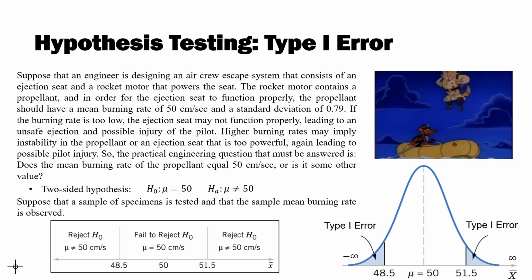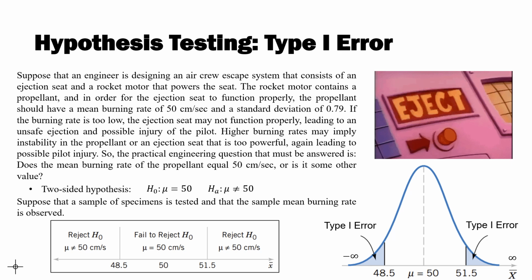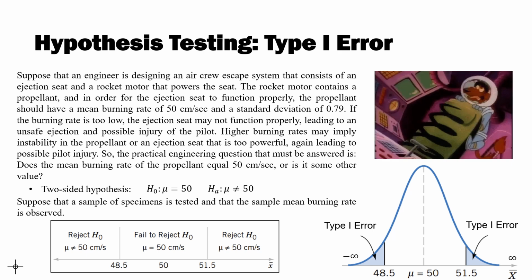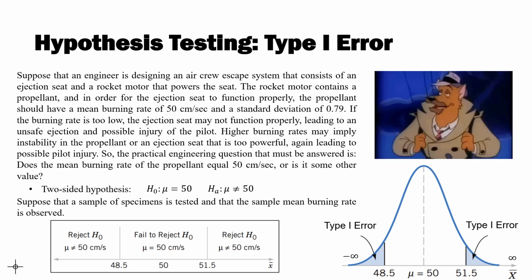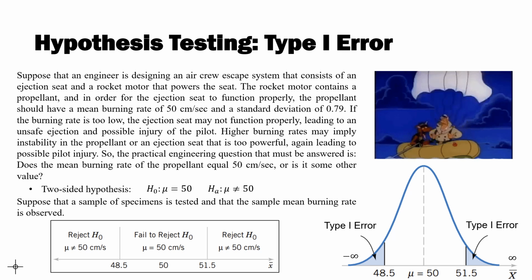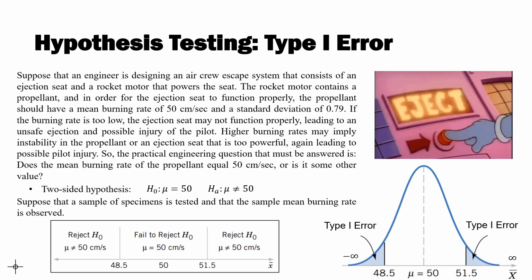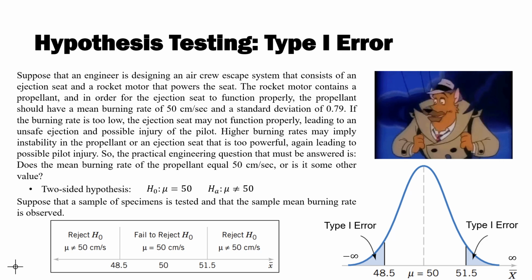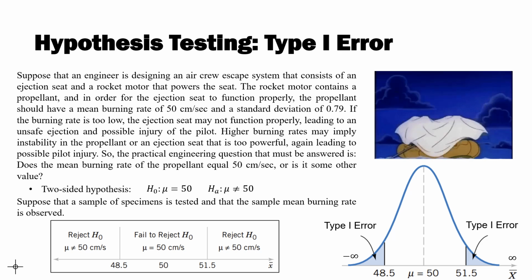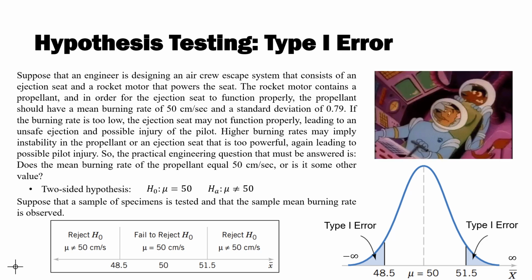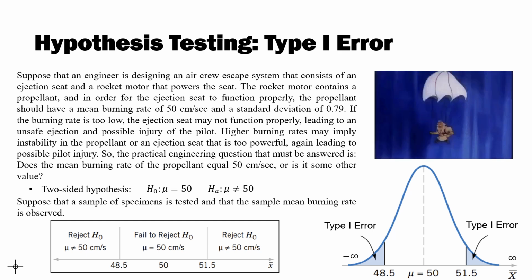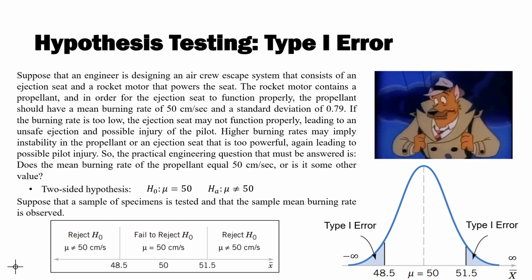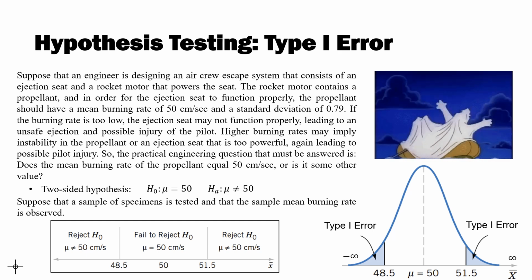However, we should acknowledge that, although unlikely, it is still possible to observe a sample mean outside this range from a normal distribution with a mean of 50 and a standard deviation of 0.79. Given the potential consequences if the propellant fails, we are willing to accept this small error and reject the null hypothesis, as it is very improbable for such extreme sample means to occur in a normal distribution with a mean of 50.